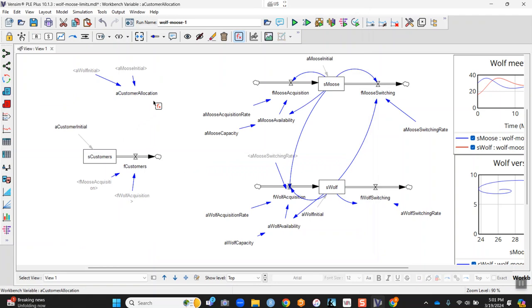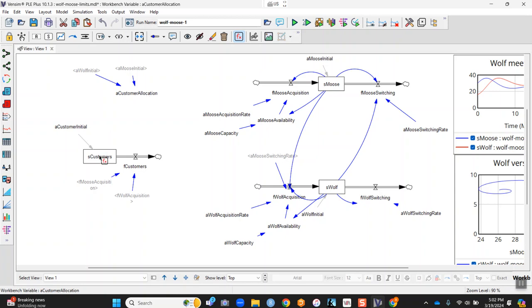So now, what is this capacity? This capacity will be the customer allocation rate. Well, wait a second. That's another good question. It would be this rate times what?